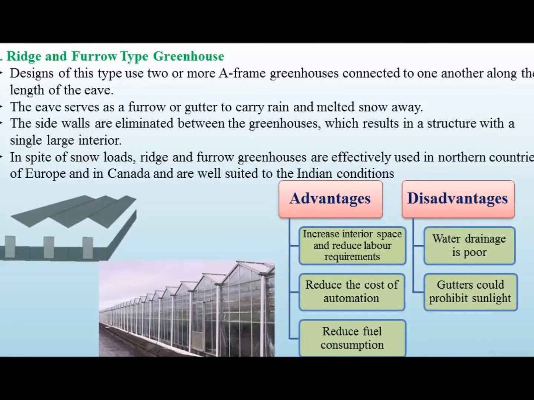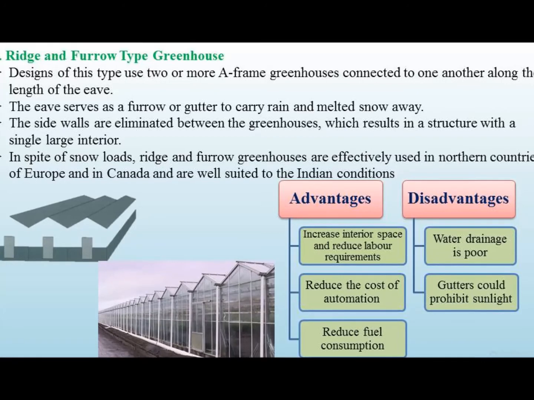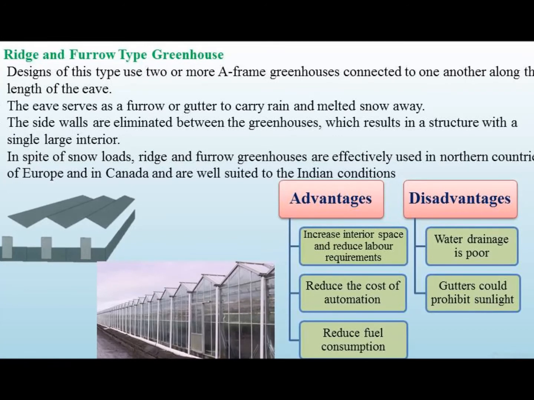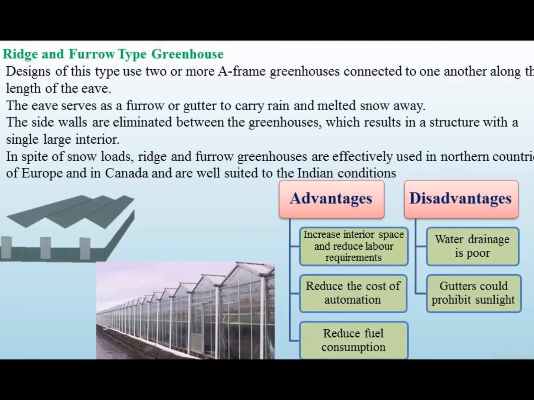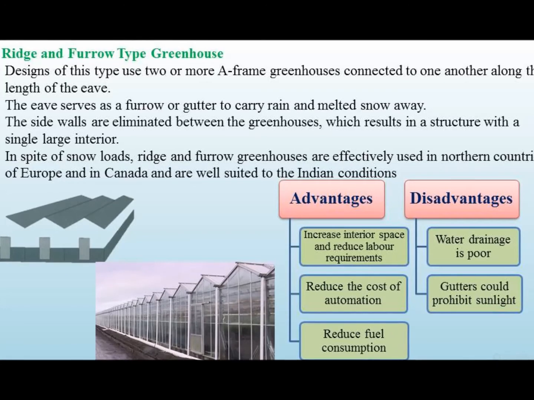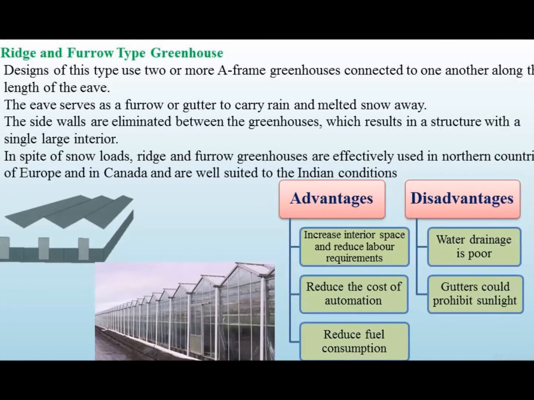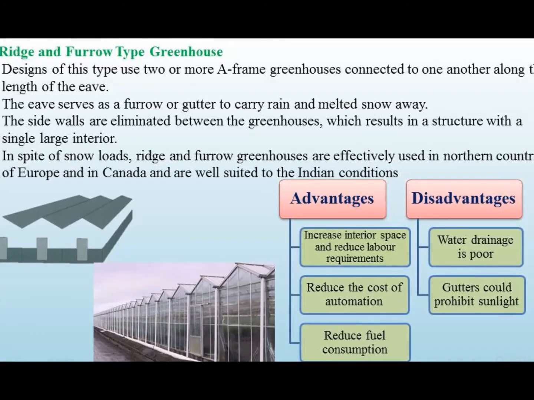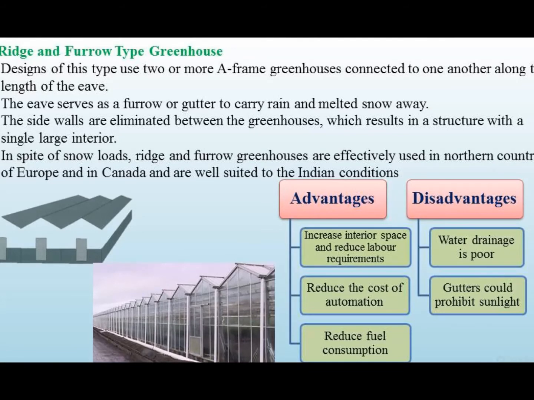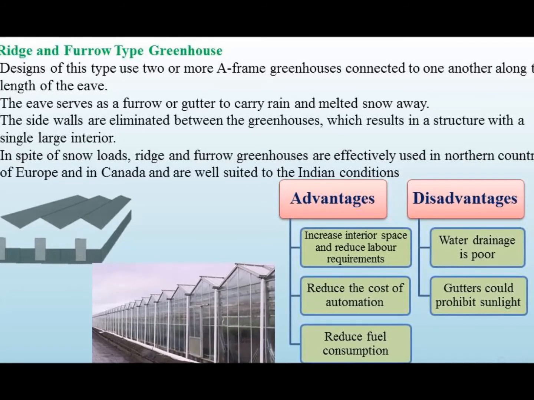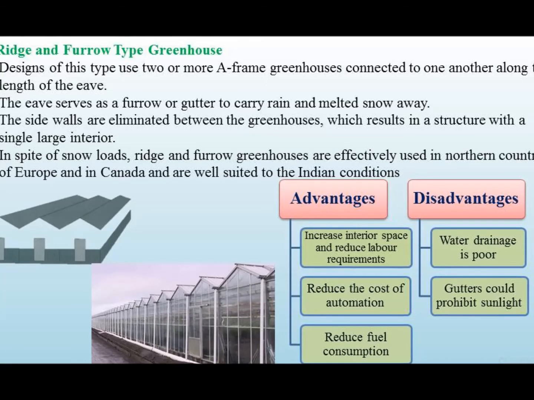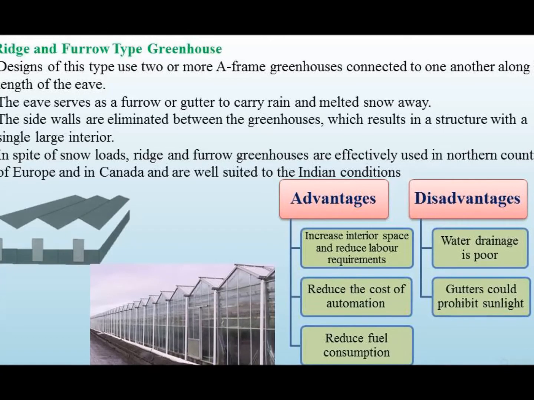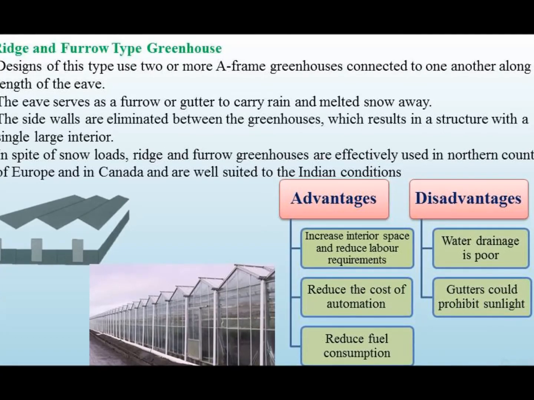In the design, the side wall is eliminated between the greenhouses, which increases the interior space inside the polyhouse, and due to consolidation of this interior space, it helps to reduce labor requirements. Also, it helps to lower the cost of automation. It helps improve personnel management and reduces fuel consumption.